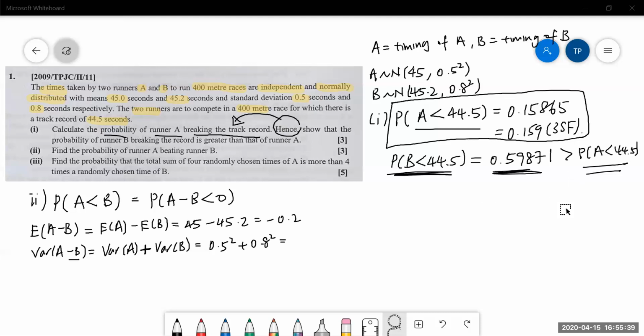Can I proceed? Can you tell me the answer? 0.89.